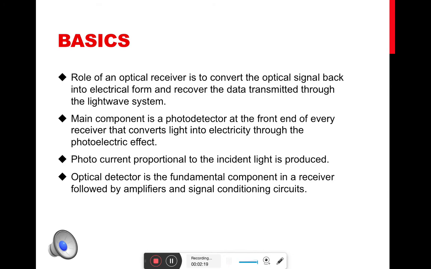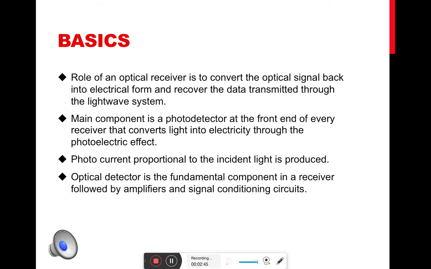Okay, so an optical receiver has many components in it, like amplifiers, signal conditioning circuits, things like that. An optical detector is a fundamental component in an optical receiver. This optical receiver has amplifiers, signal conditioning circuits, and optical detectors.